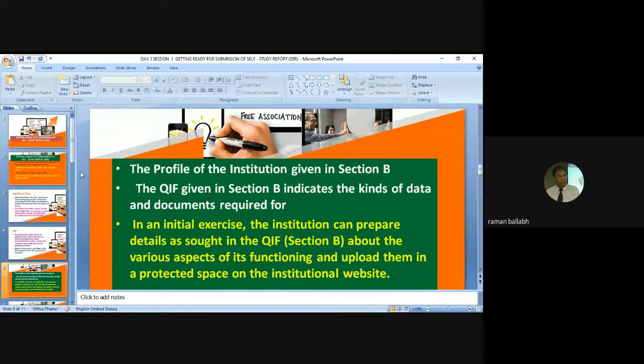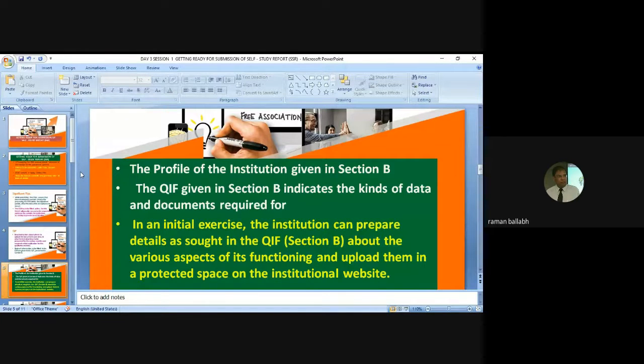Profile of the institution. If I am putting in the profile, you are supposed to write, for example, about admission.